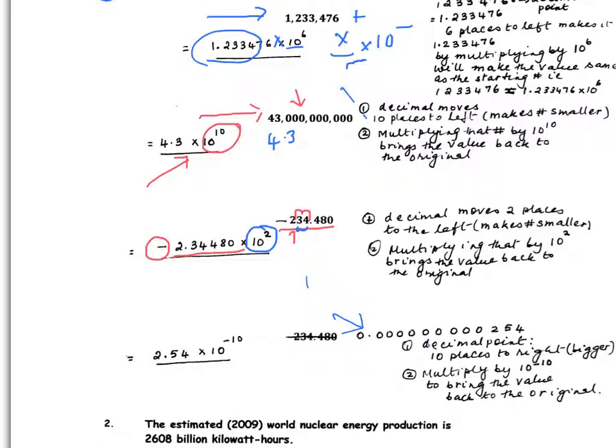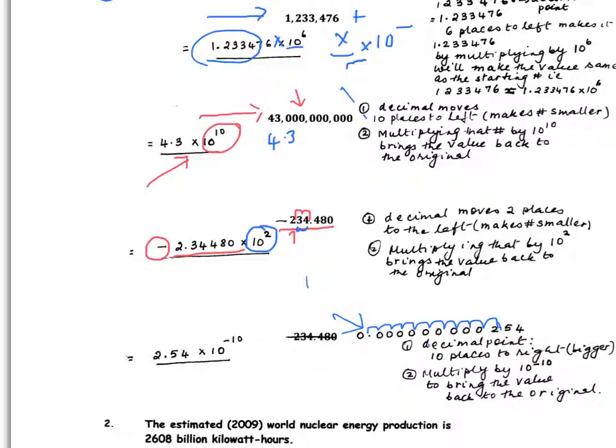Now we need to write this in scientific notation, which means we move the decimal point to the right and we stop only when we get a number between 1 and 10. So we take this decimal point and move it 1, 2, 3, 4, 5, 6, 7, 8, 9, and 10 places to the right, which makes it 2.54 times 10 to the negative 10.